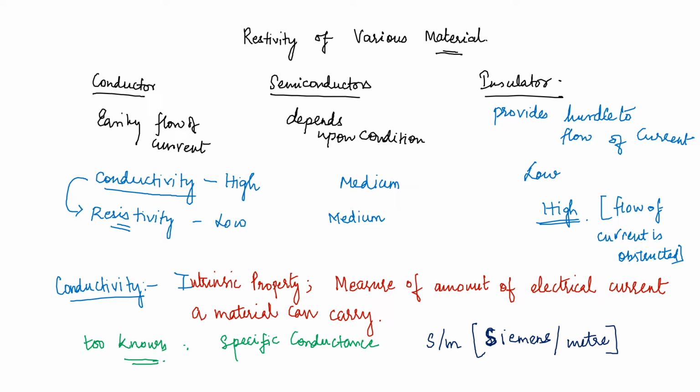It is also defined as the ratio of current density to the electric field strength, denoted by sigma.